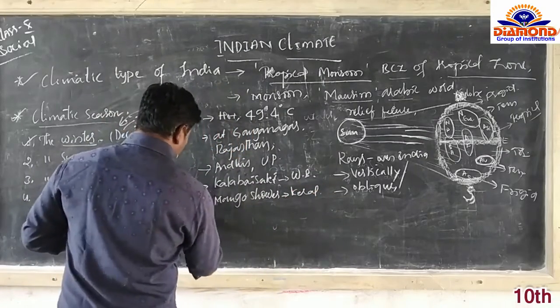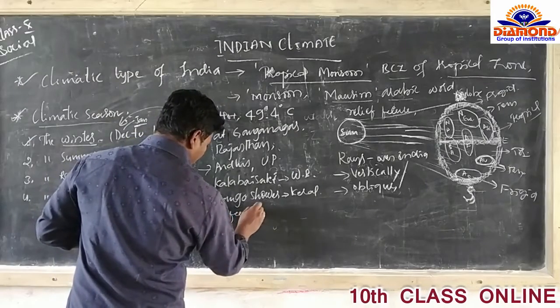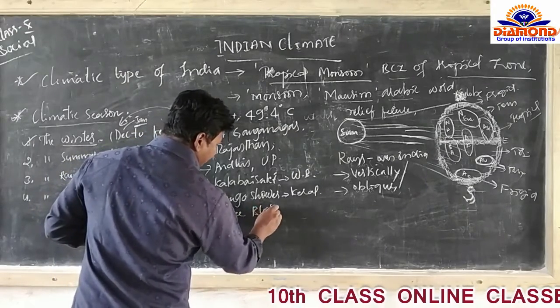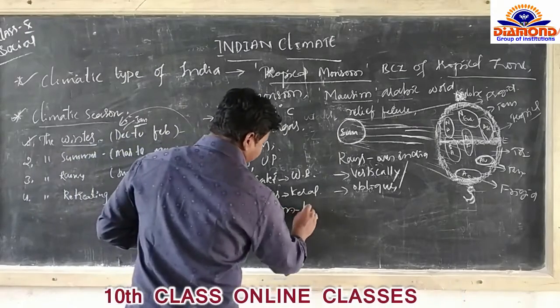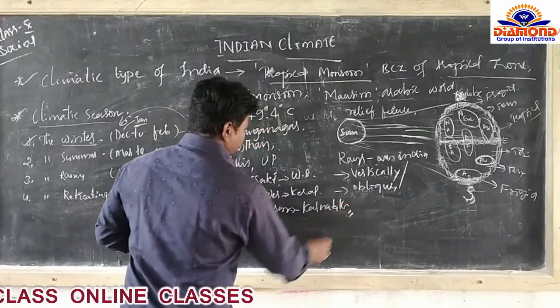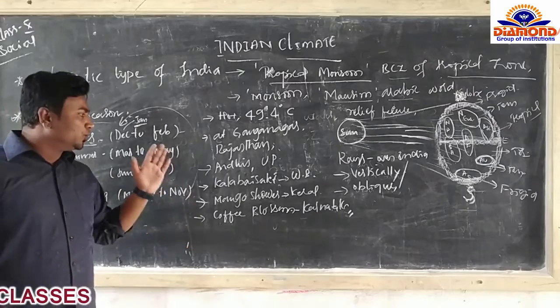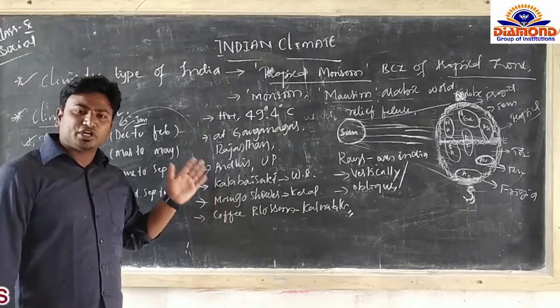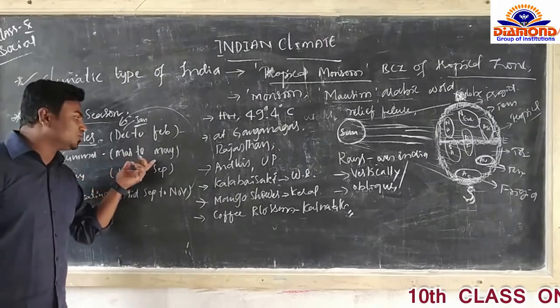And another is coffee blossom, which comes in Karnataka. These are the four convectional rains which occur in the summer months, from March to May.